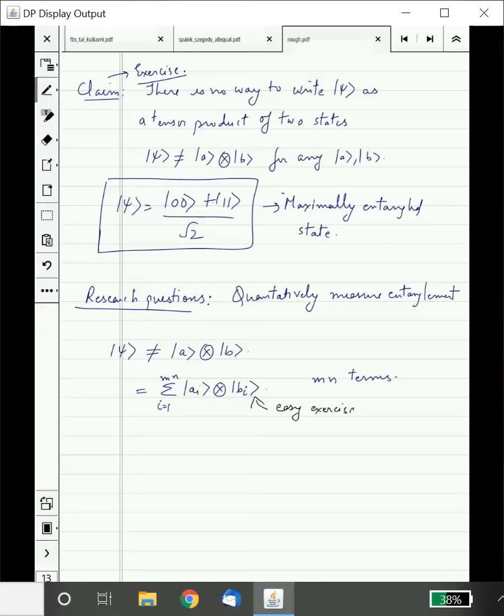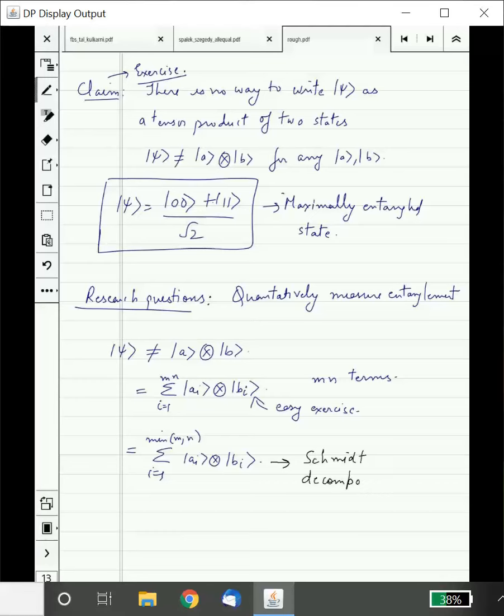It turns out that you can actually write it with much fewer terms. So instead of mn, you just need min of m comma n terms, and you can write any psi as a linear combination of tensor products of these many terms. This is known as Schmidt decomposition.